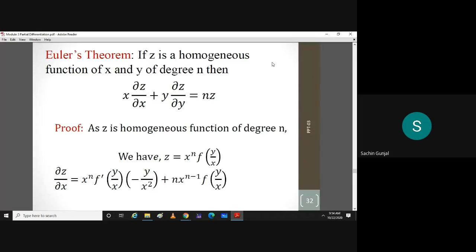Therefore, by Euler's theorem, x into ∂z/∂x plus y into ∂z/∂y is equal to 0 times z, which is nothing but 0. So without calculating these two partial derivatives, we have got the answer as 0.